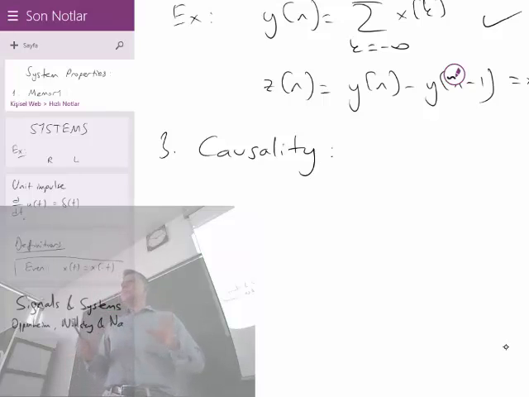Non-causal systems cannot be physical. In physics, in mechanics, circuits, etc., you can never have non-causal systems because your system will never know the future of the input. The input hasn't arrived yet. It will arrive 10 seconds later. So your output shouldn't depend on that input 10 seconds later. If it depends on that, it becomes a non-causal system.